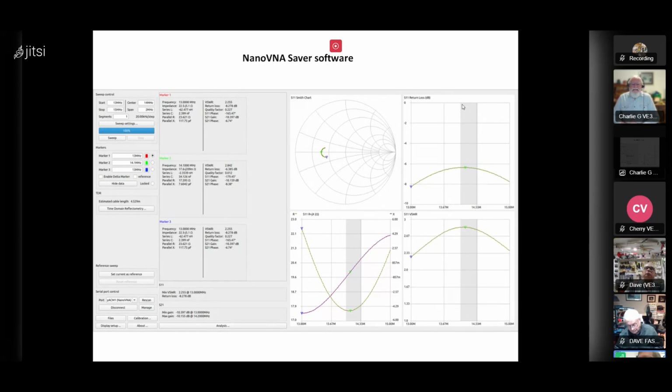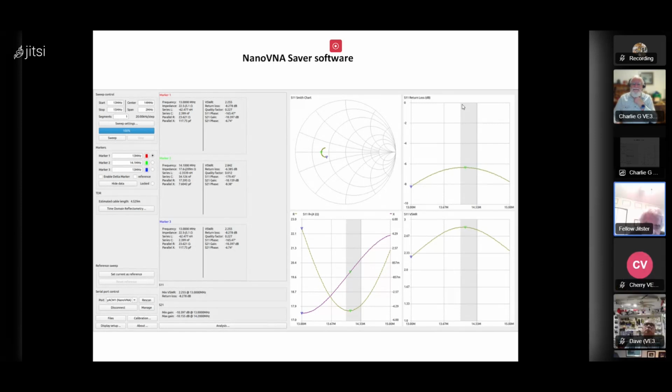There are a couple of other programs around. They're subtly different, but honestly, this one seems to be the one that everybody's using. Okay. If you go and look at the groups.io for the Nano, there's two or three of them in there, but I think this one's the best one. I haven't used the others, but I like this one. Yeah, I agree. I've used it. Why change now?